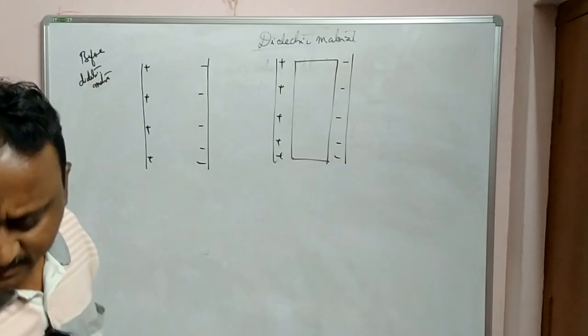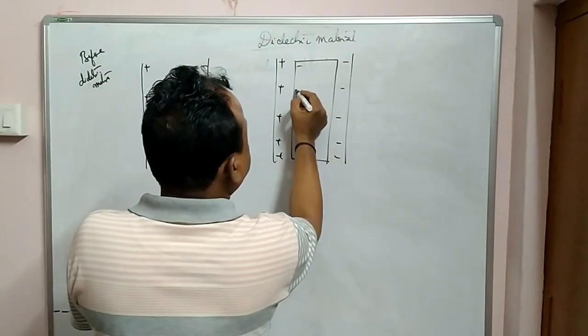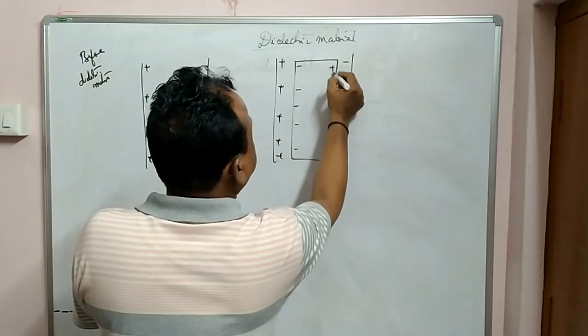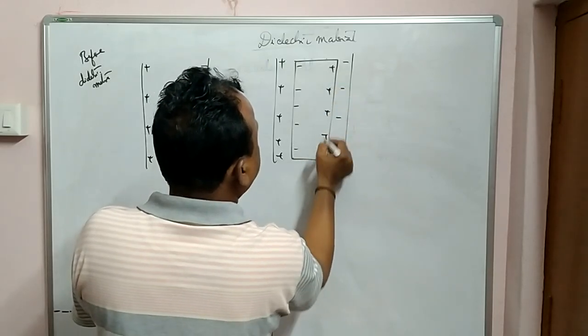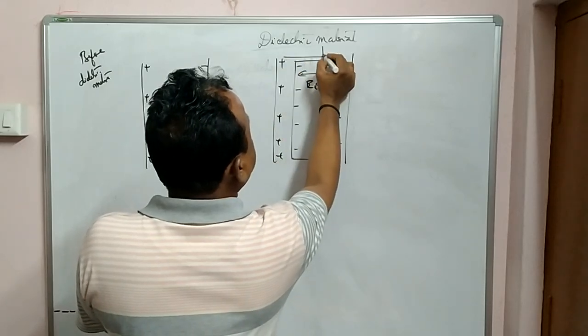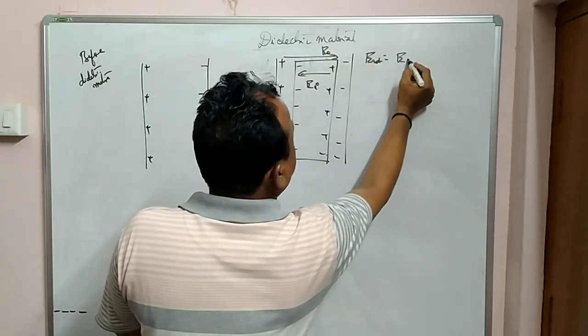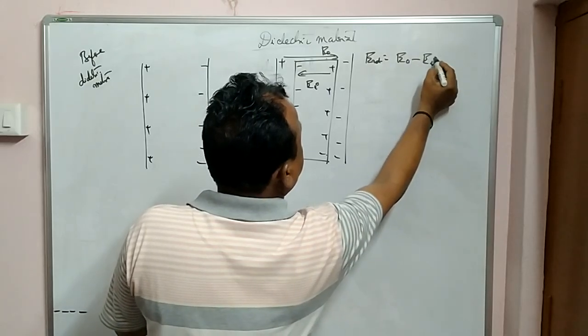So in this, the field will be in this direction, EI, and this is E0. So the net value is equal to E0 minus EI.